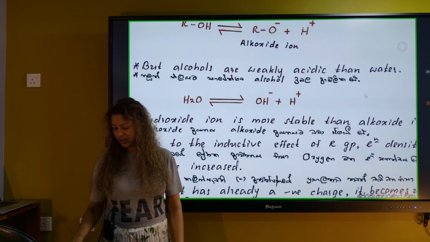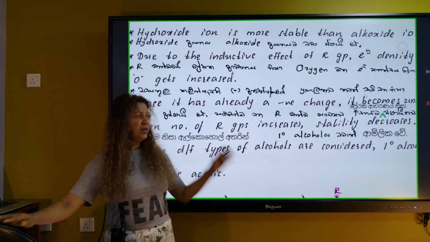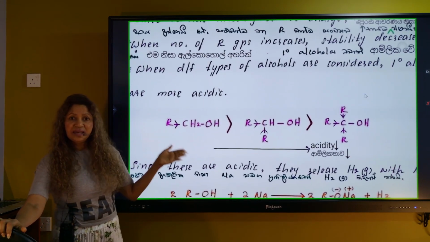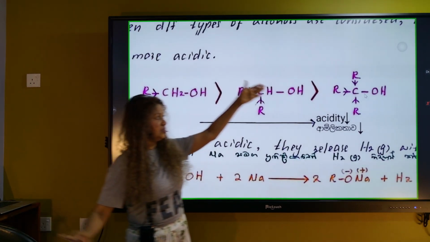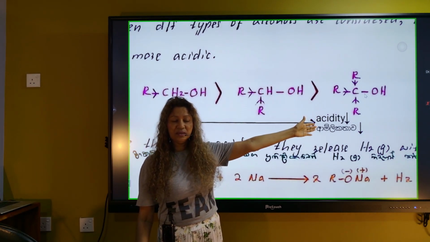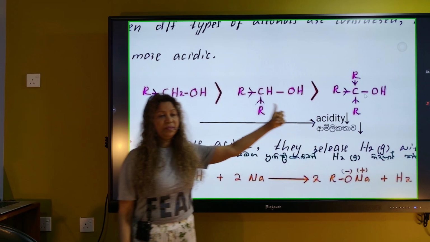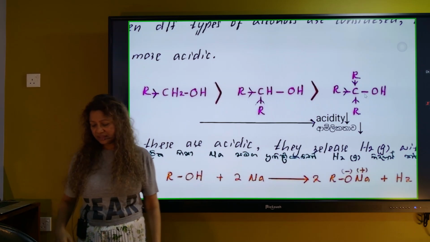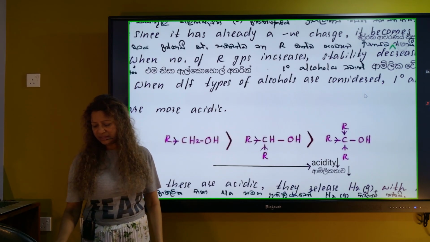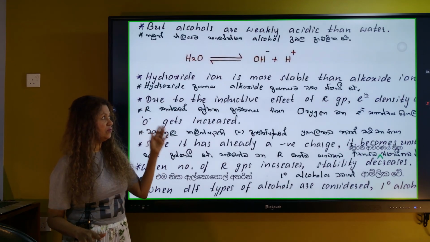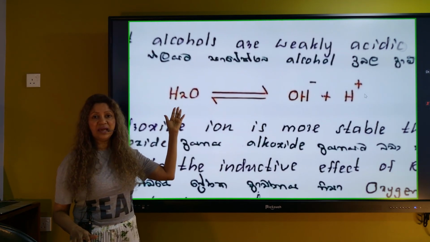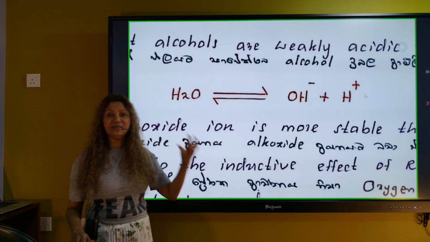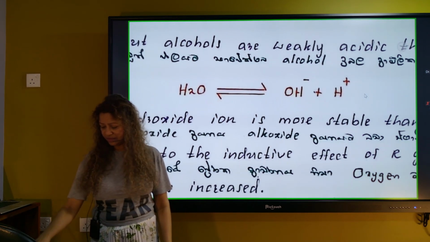Remember, when the inductive effect is greater, acidity is less, so the highest inductive effect goes to the tertiary alkyl, so tertiary has the least acidity, and primary alcohol, with less inductive effect, has the highest acidity. But this acidity is less than the acidity of water, because water doesn't have an inductive effect, so its acidity is greater compared to alcohol.